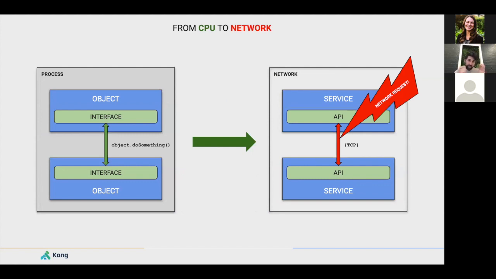Now, like I said, making network requests is something that we've been doing for a long time, even in a monolith. And per se, the biggest difference is that in the monolith, the CPU was reliable. The monolith was hard to scale, hard to build, hard to deploy, but at least those CPU calls were working well.